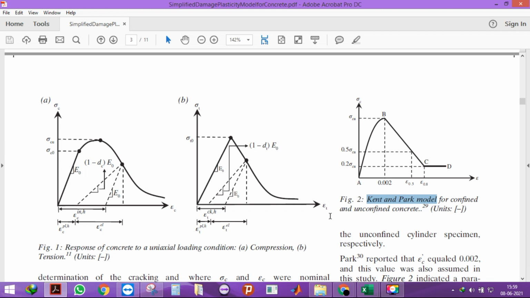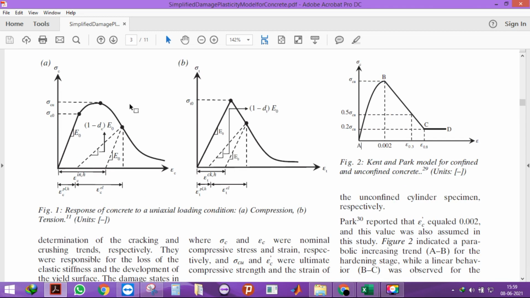We do not have this stress strain behavior, so we can get the data using this. The model says that up to 0.002 it will be this, and after that it will behave like that. Here epsilon cu is the ultimate point, I would say, and c naught is the yield stress. We are considering c naught as 0.5 cu.